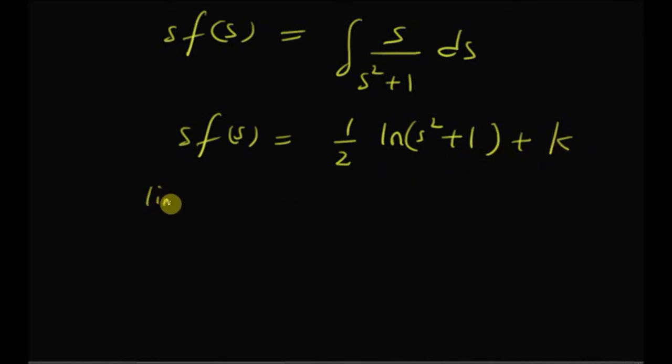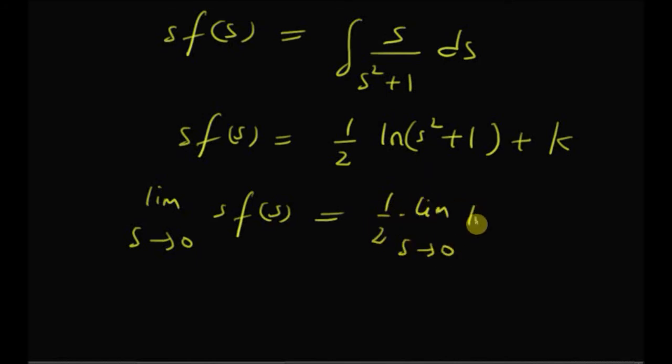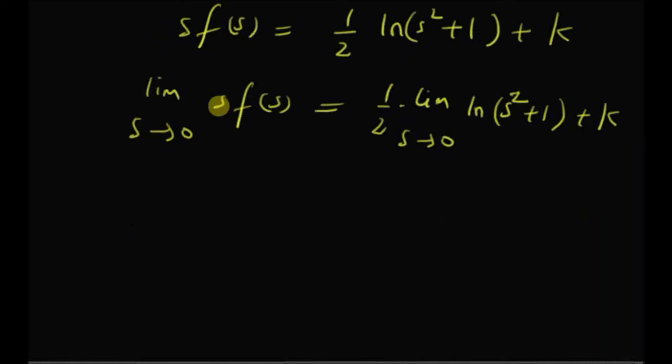By using the final value theorem, limit as s tends to 0 of s times F of s is equal to 1 by 2 times limit as s tends to 0 of logarithm of s square plus 1 plus the constant k. By the final value theorem, this is equal to limit as t tends to infinity of f of t.